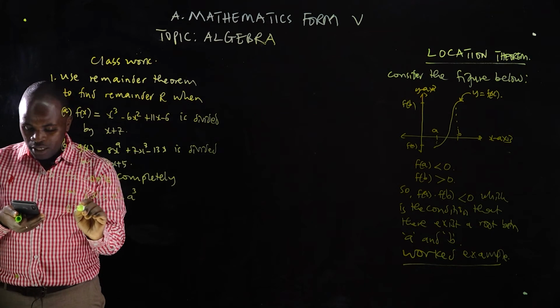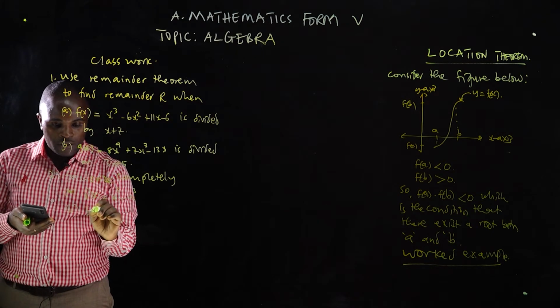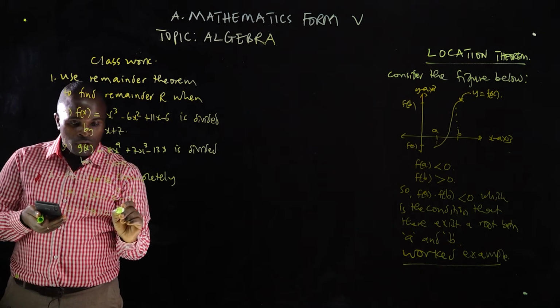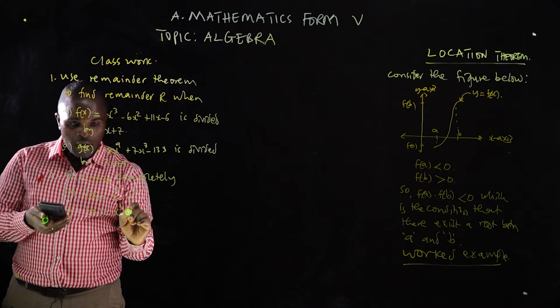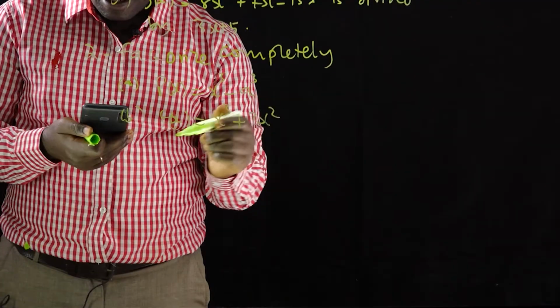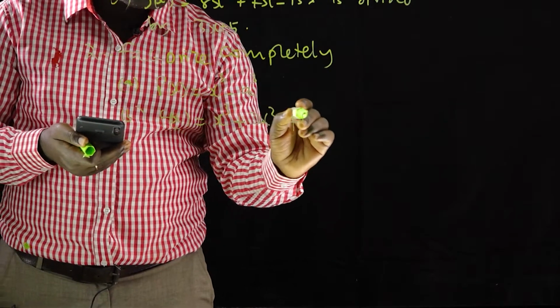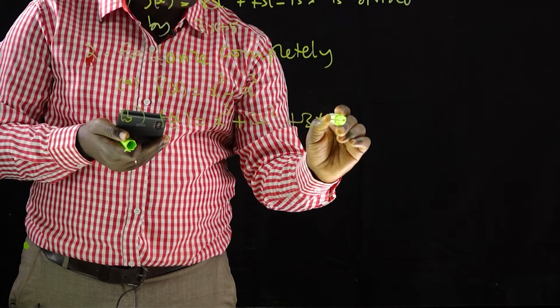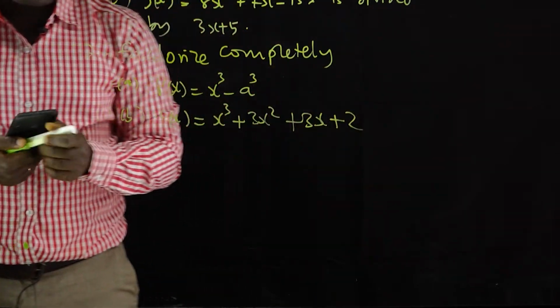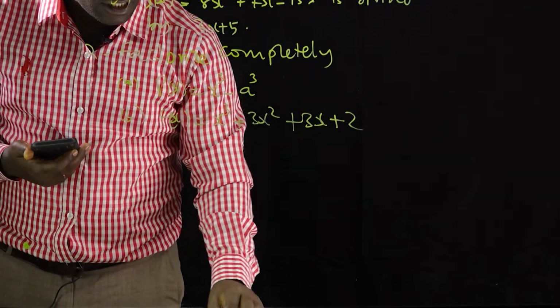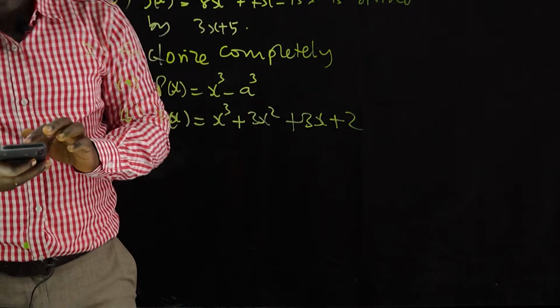And b, we can have f of x equals x cubed plus 3x squared plus 3x plus 2. So you can be practicing factorization. And then let us look at another question.